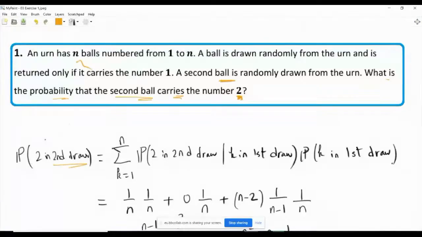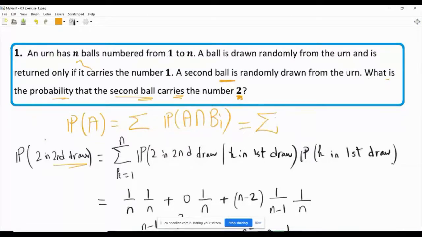Let me write the general law of total probability. The probability of A is the sum of the probability of A intersection Bi. And if you can define conditional probabilities, this is the sum of the probability of A given Bi times the probability of Bi. And don't forget that those Bi should be disjoint, and they should exhaust the space of possibilities.